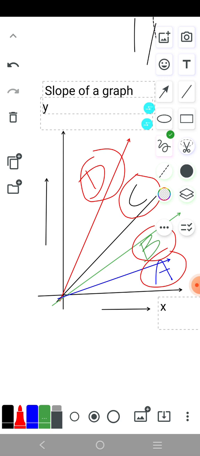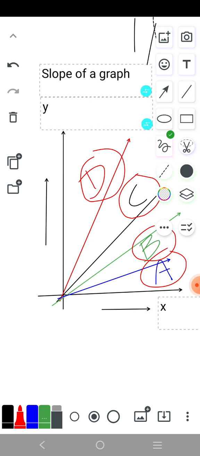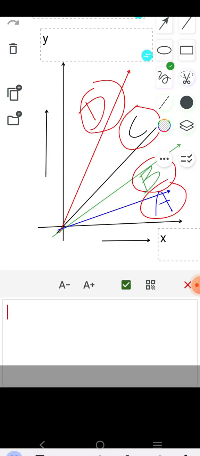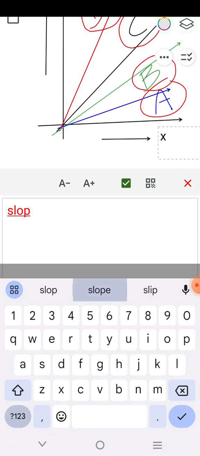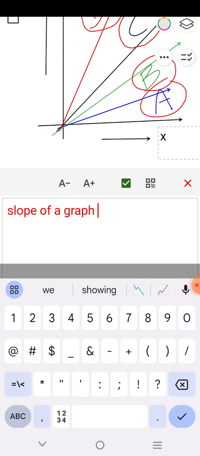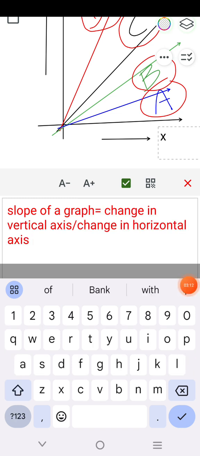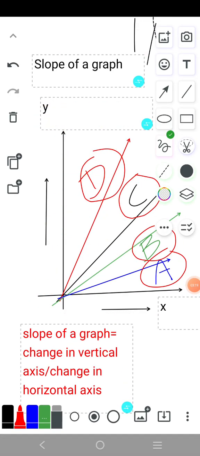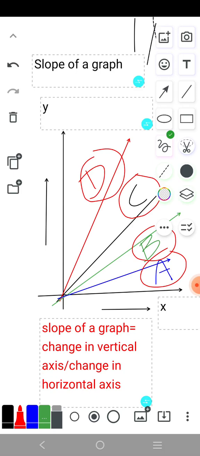Mathematically, the formula for the slope of a graph is, let's write, slope equals change in vertical axis divided by change in horizontal axis.